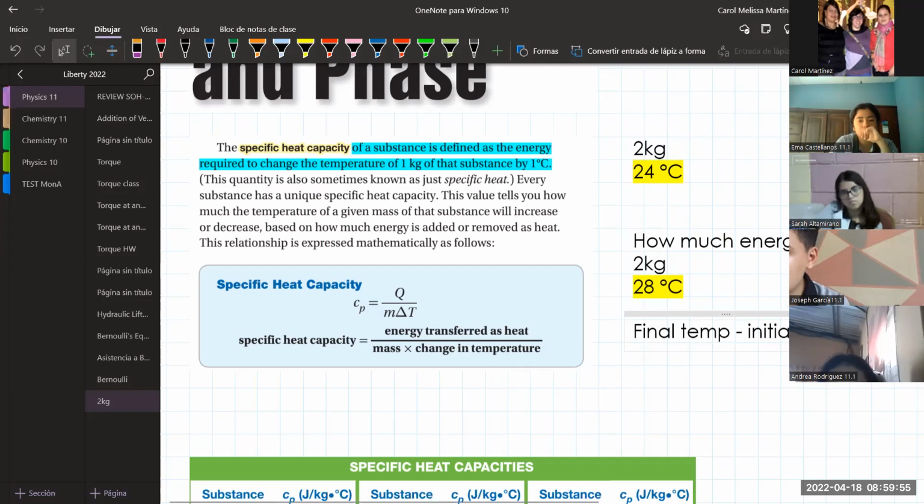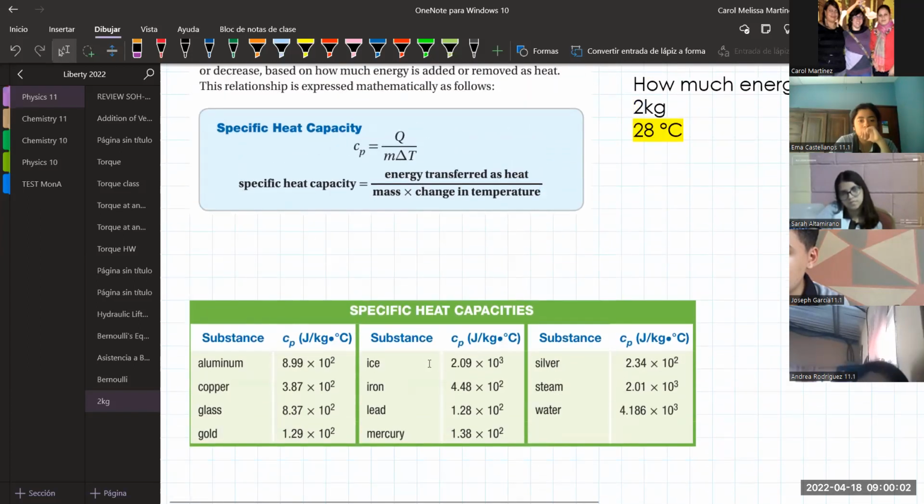Okay, now the specific heat capacity is going to depend on the substance. So I'm going to give you here a list of specific substances. And of course, the exercise will indicate what substance it is about.